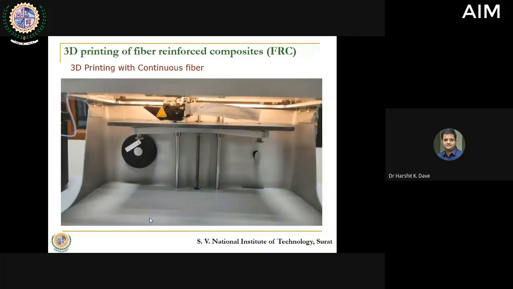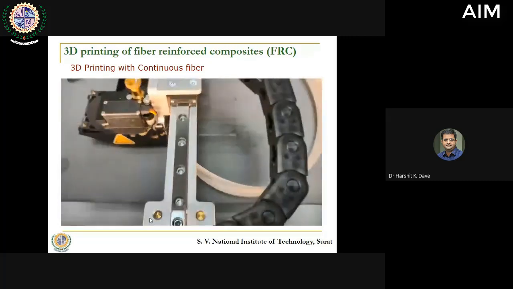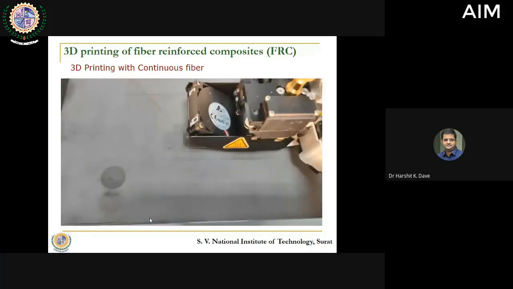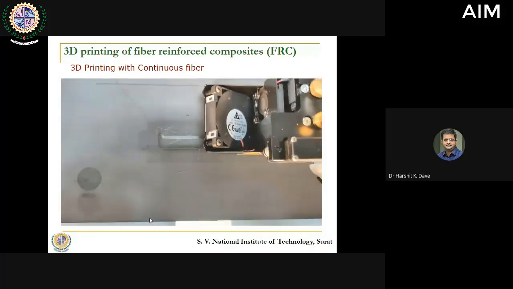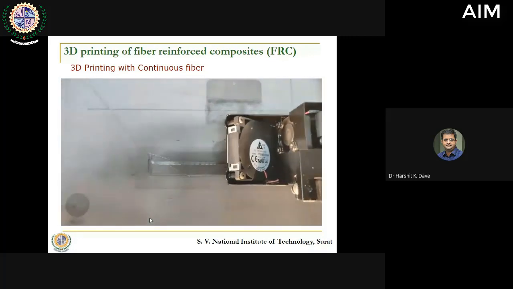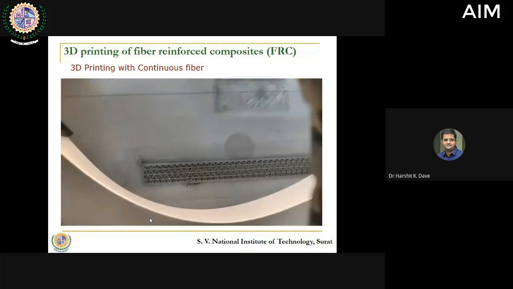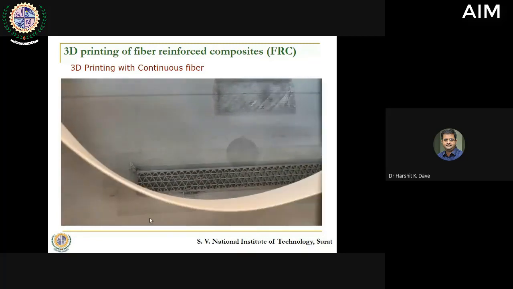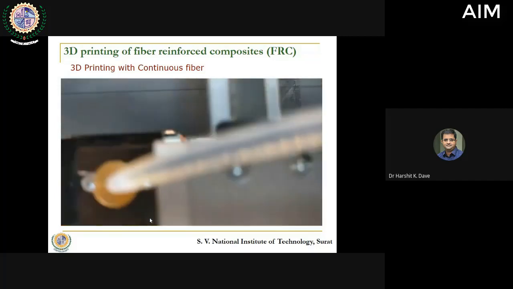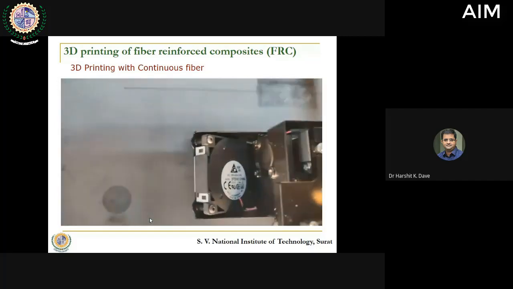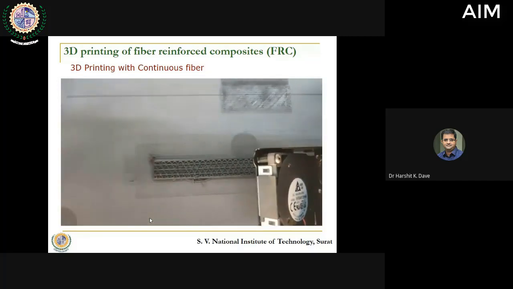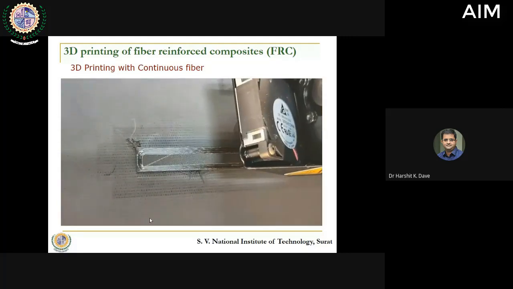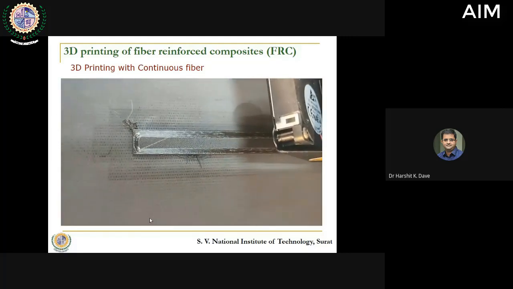So this is how the part is being laid, and this is how the fiber is being laid, in the isotropic way at 0°, and then you have selected the triangular pattern with say 50% infill density.